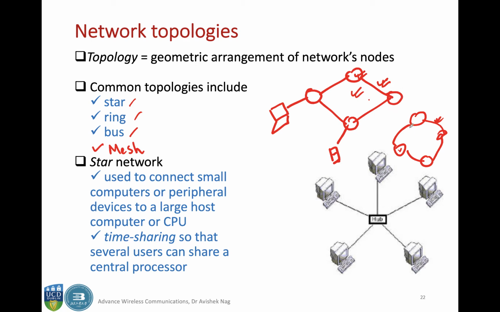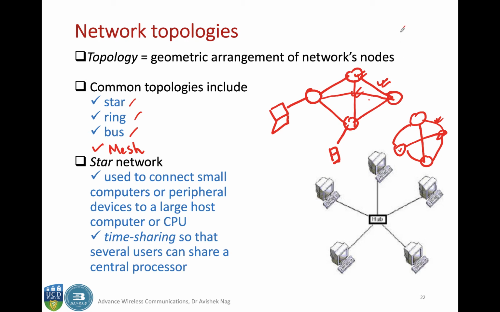And when you have a little more connectivity in the ring, let's say you connect these two nodes, or in this drawing, these two nodes are connected and these two nodes are connected, then this forms a mesh. So a ring is a special case of a mesh. A mesh means more connectivity, as I just drew.